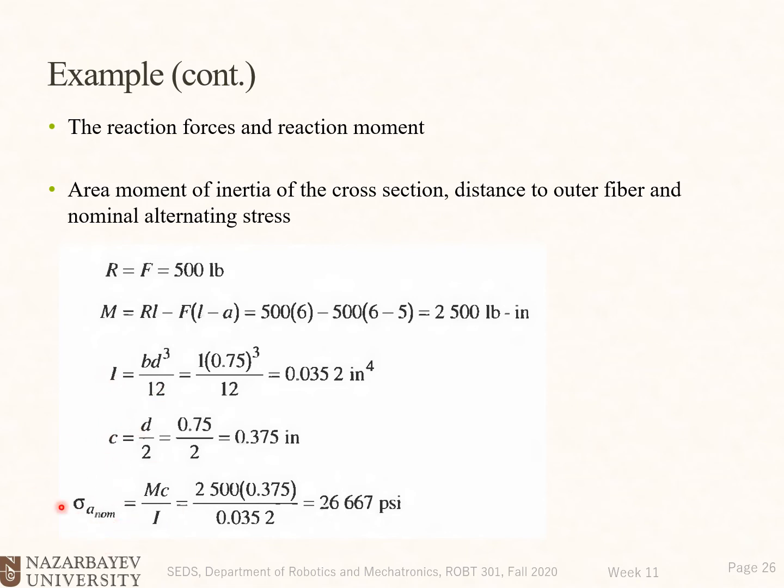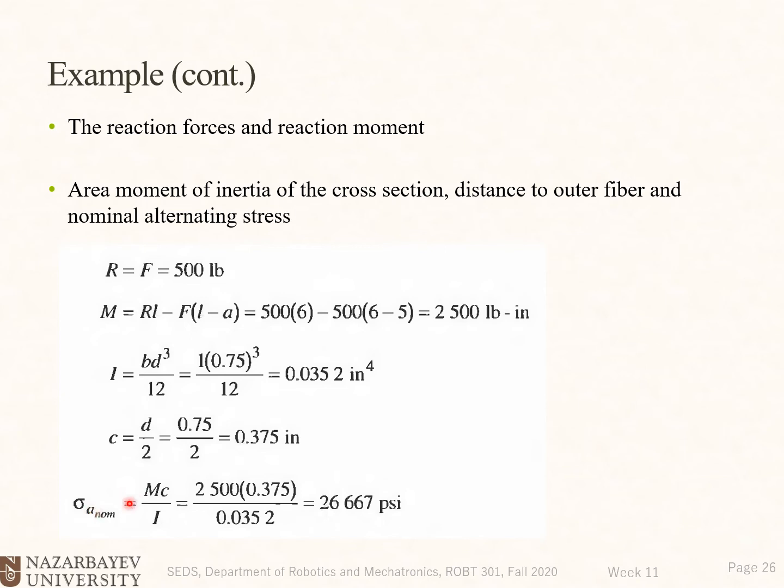And then we already had this formula that sigma is equal to MC over I. Okay, M here is the alternating component of the bending moment. Once the bending moment is alternating, the stress we are calculating is also an alternating stress.